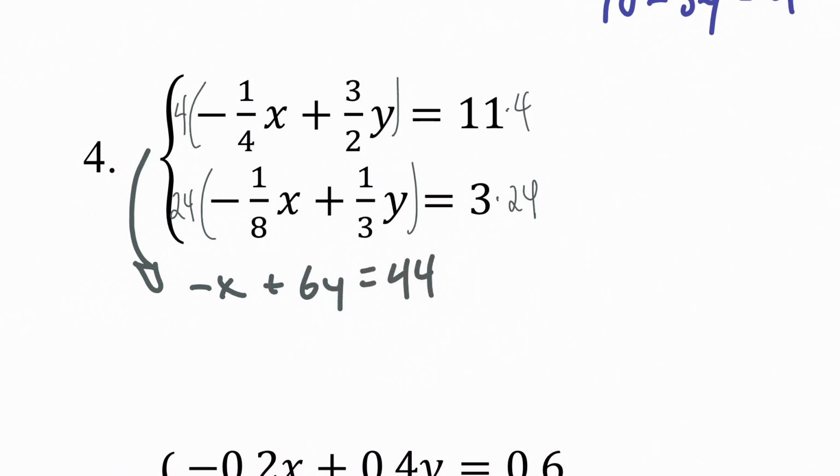equals 44. And then the next one, 24 times negative 1/8 will be negative 3, and 24 times 1/3 will be 8. So I'll have negative 3x plus 8y equals 72. Okay.